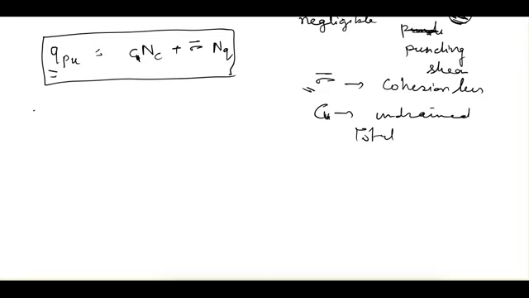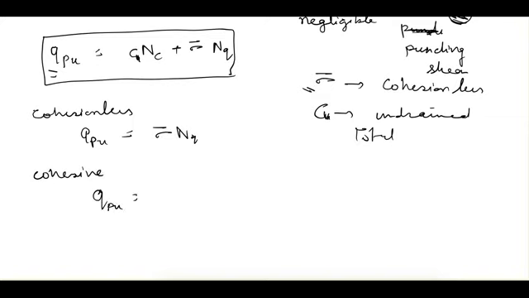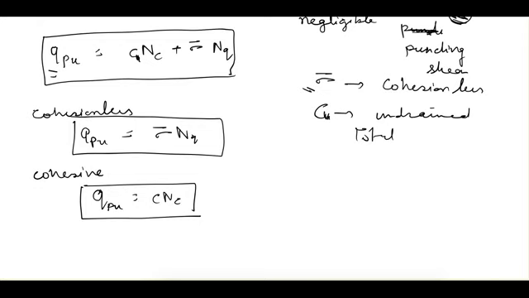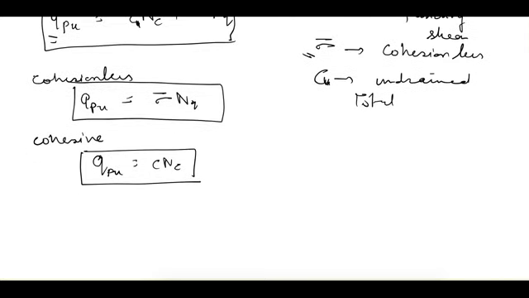And if the soil is cohesionless, then this QPU is simply equal to sigma Nq because c is equal to 0, whereas if this soil is cohesive, then QPU is equal to cNc. And if you want to write the end bearing resistance, so capital QPU is equal to small qPU times area of the base.